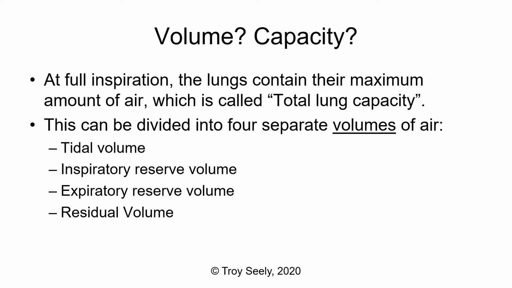The components of the measured volumes, when taken all together, make up your total lung capacity. And depending on the proportion of these different volumes, it might demonstrate good physiological function or the presence of underlying pathology.